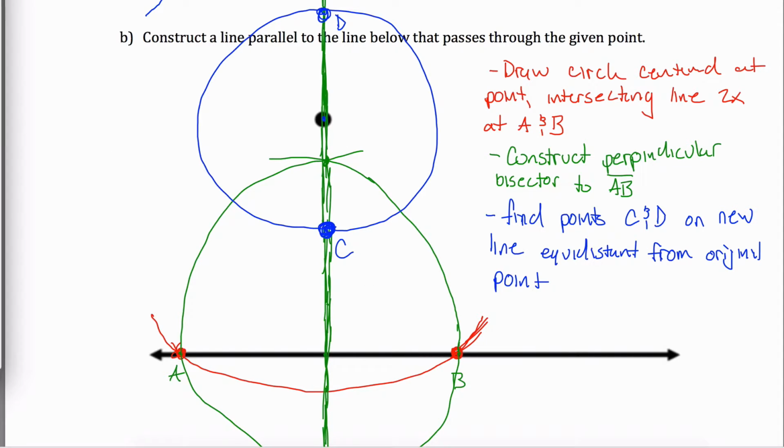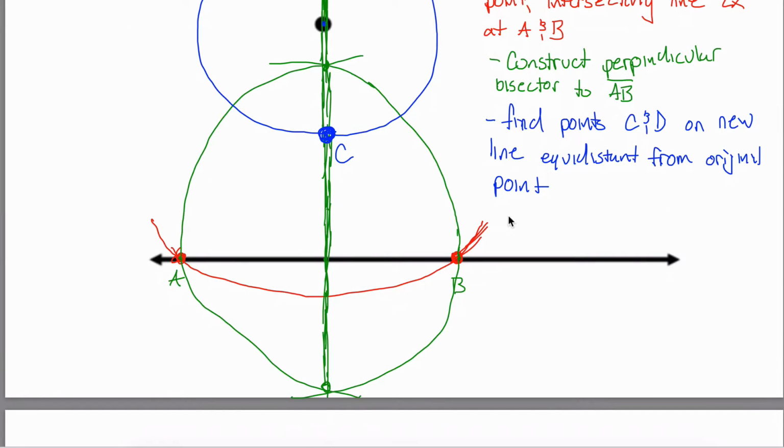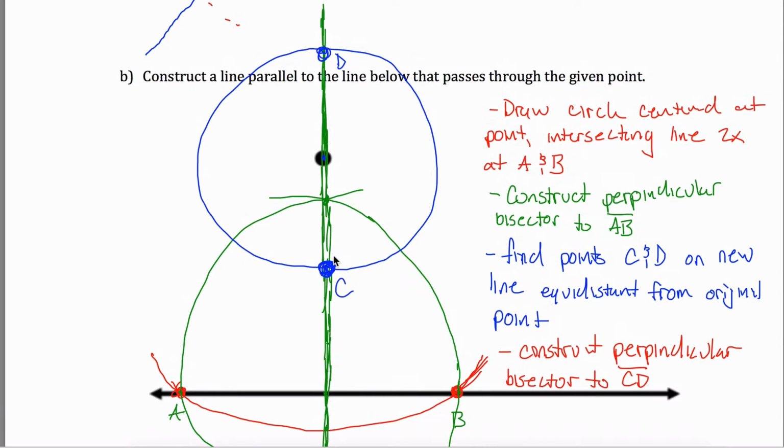And my final step, which I guess I'm going back to red here, is construct a perpendicular bisector to this line CD. So this point and this point, I can construct a perpendicular bisector.